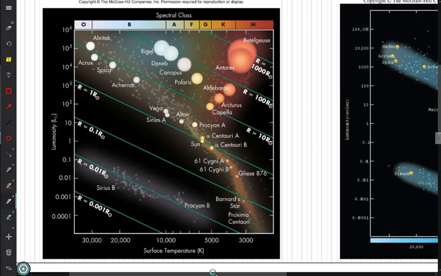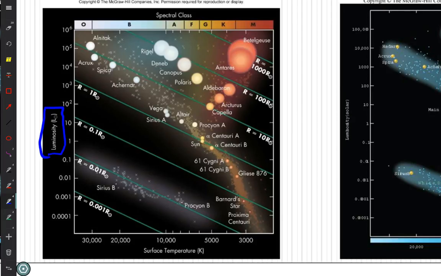What they do is they show luminosity. What is luminosity? What does it mean? It has to do with the absolute magnitude. It's telling us, go ahead, Gabby, you're starting.